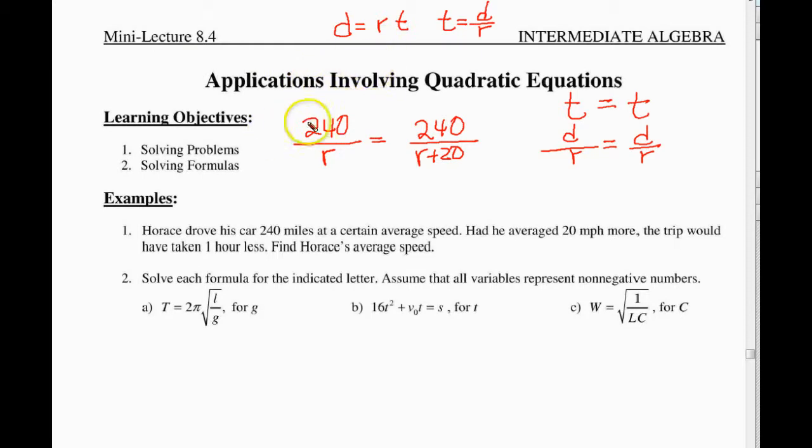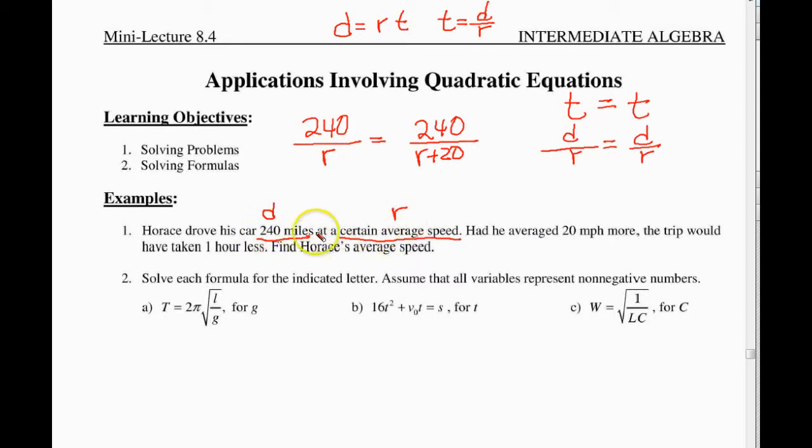So, as we look at this, example 1, and we're going to be solving problems and solving formulas. Horace drove his car this many miles at a certain average speed. Now we know this is going to be our distance, and this is going to be our rate.